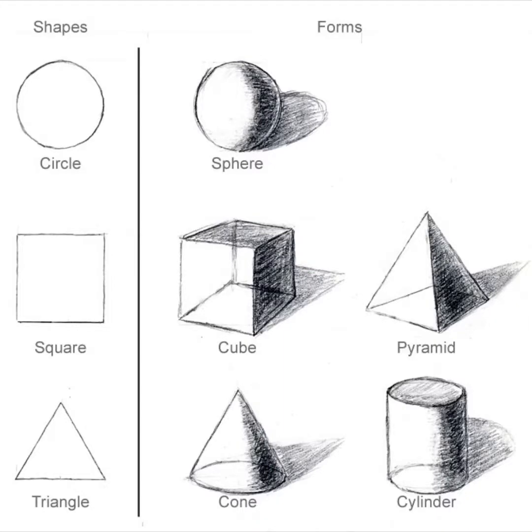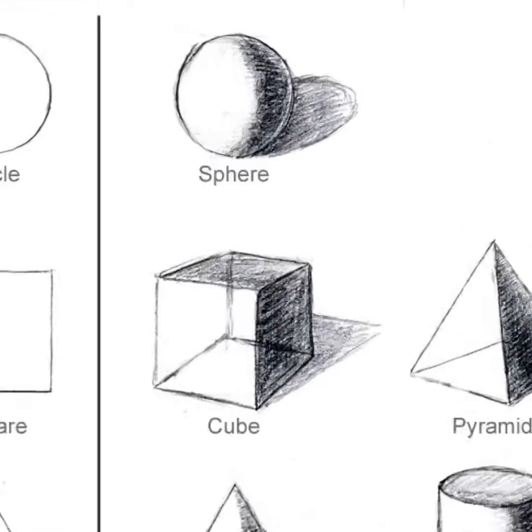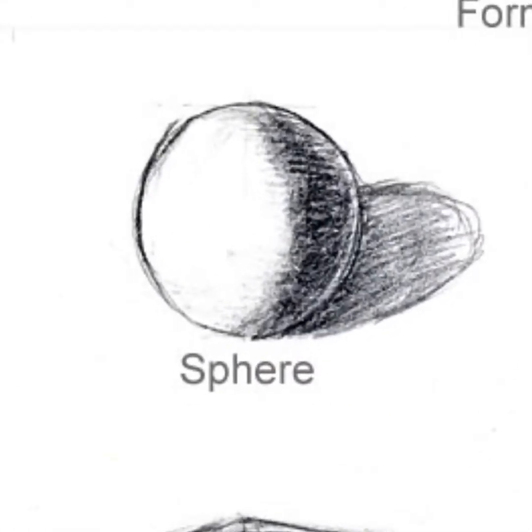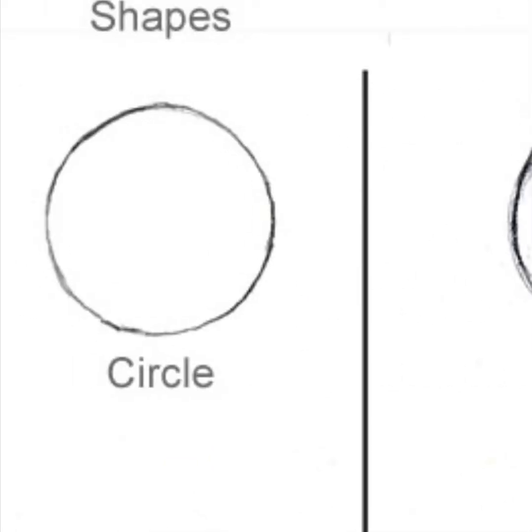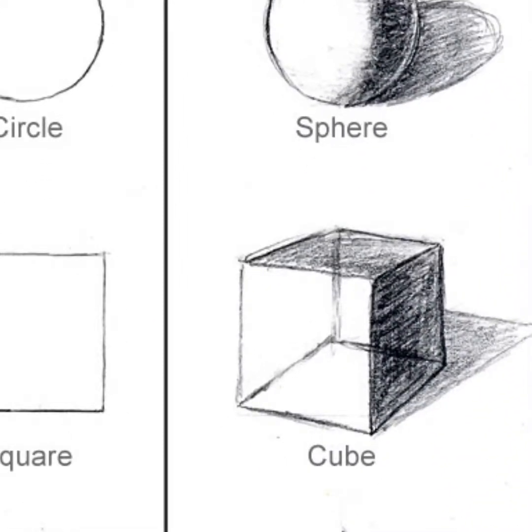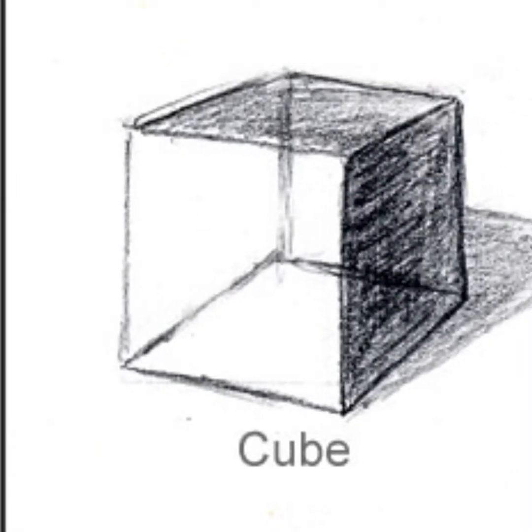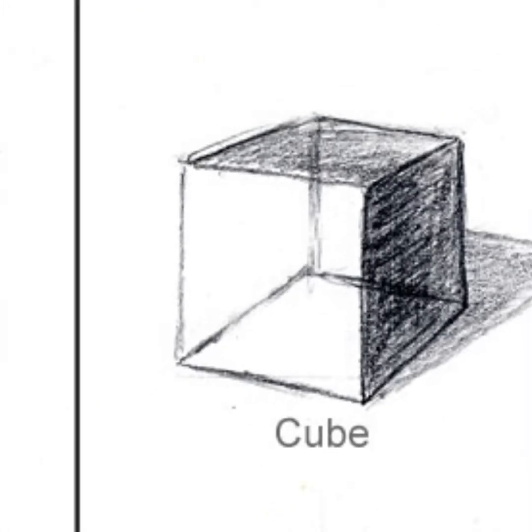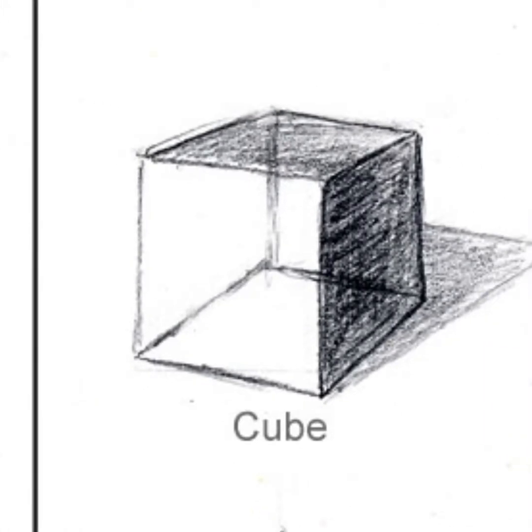Here are some of the forms we'll be talking about today. This one right here is called a sphere. Say sphere. A sphere is made up of what basic shape? I hope you said circle. Now here is a cube. Say cube. Great job. Now what shape do you think a cube is made out of?